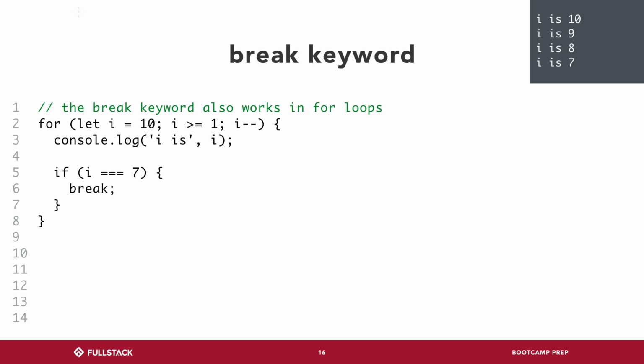Same with 8. And then when you get to 7, you don't do anything, but you can't run the code below this because you've broken out. So now it skips 7, so it just logged 10, 9, 8 instead of 7, because the code stops right there, and then you just break out of this entire bracket and you start running code below that bracket.